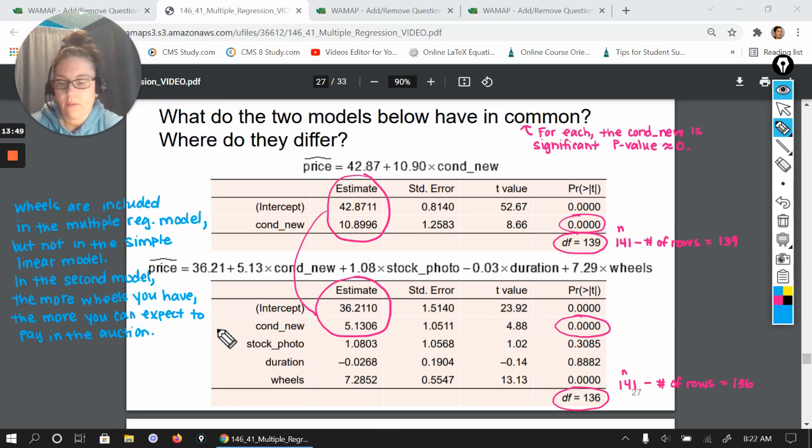Okay, I think I have that right now, and again, this is because the second model, the multiple regression model, has more information. So we just plain have more information here.